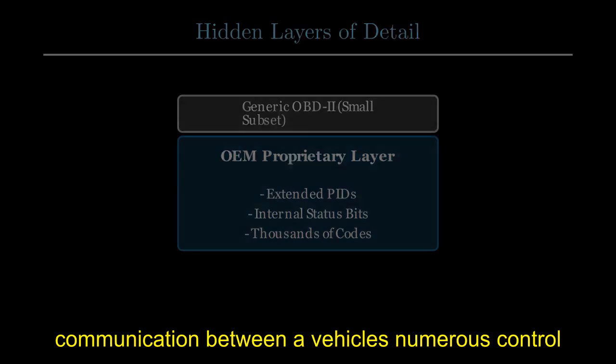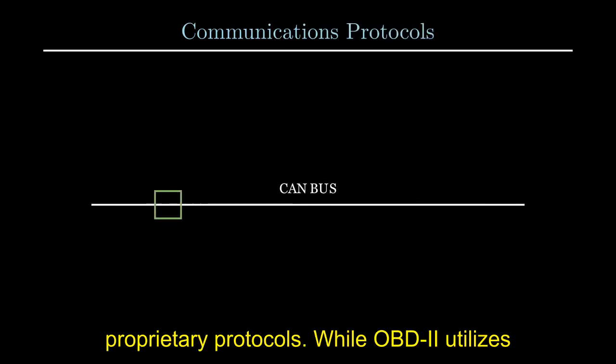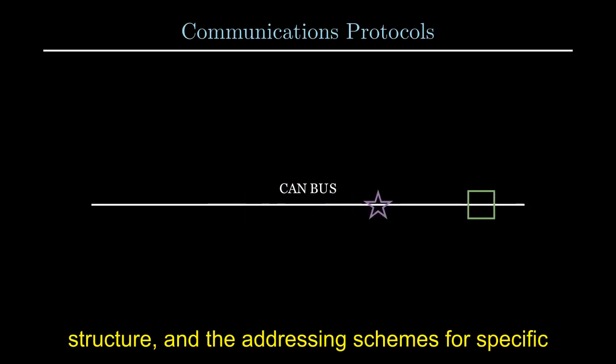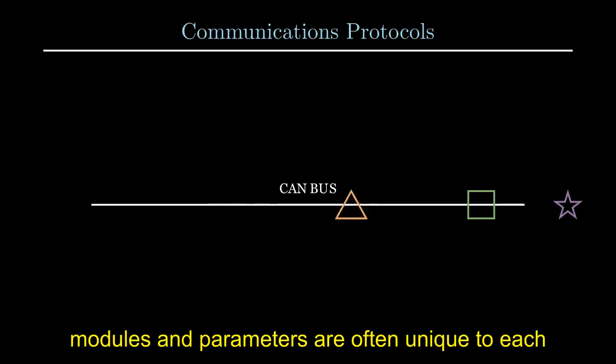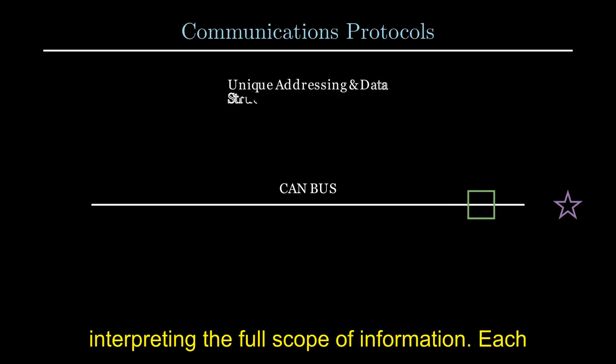The communication between a vehicle's numerous control modules and an OEM diagnostic tool relies on proprietary protocols. While OBD2 utilizes protocols like CAN bus, the data packets, their structure, and the addressing schemes for specific modules and parameters are often unique to each manufacturer. This prevents generic scanners from interpreting the full scope of information.